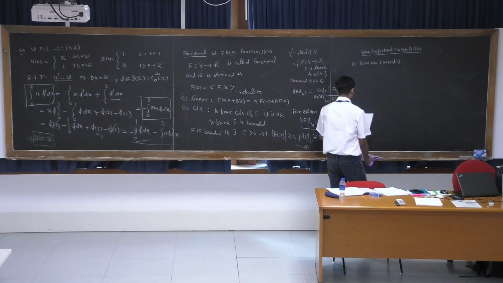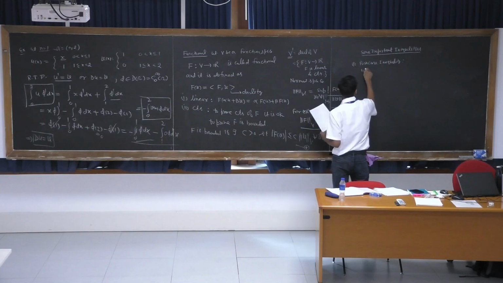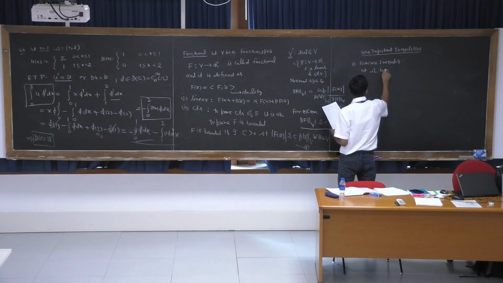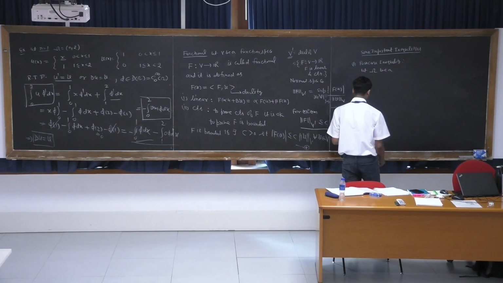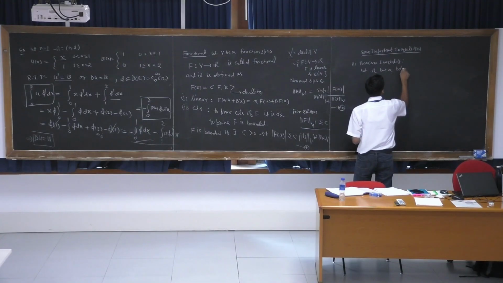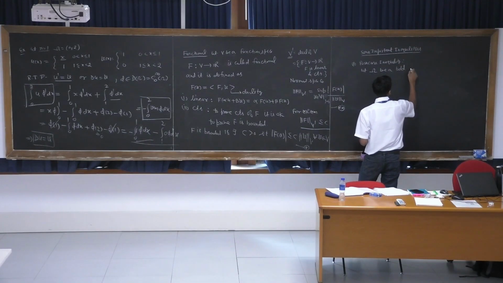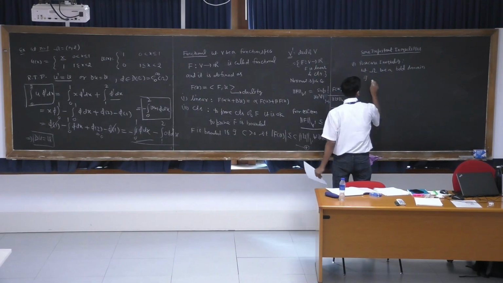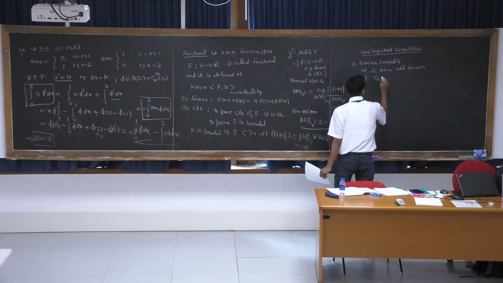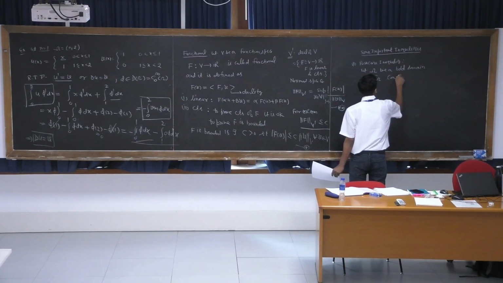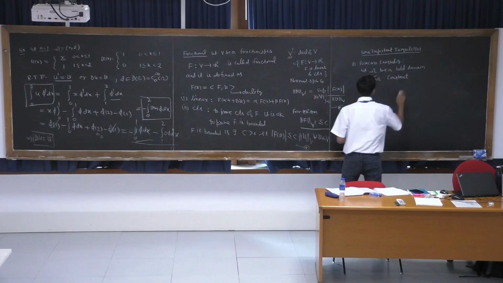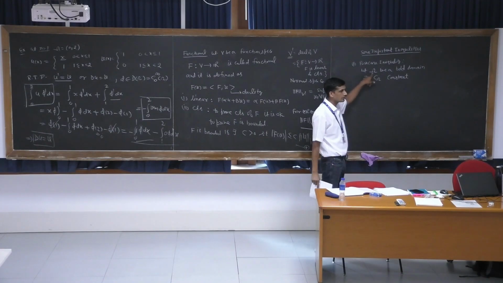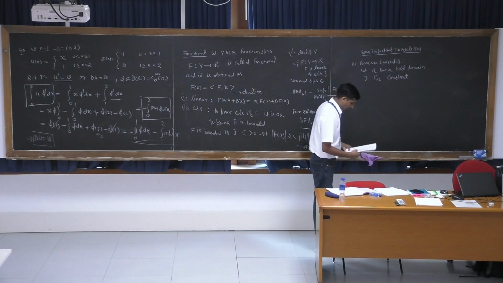What is this? Let omega be a bounded domain of Rn. There exists a constant, and obviously this constant depends upon the domain.